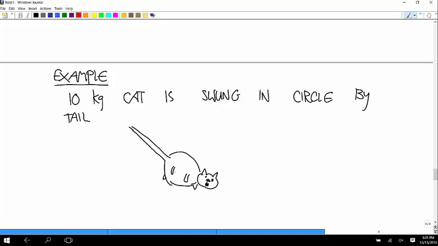Okay, so it's going in a circular path like this. Here's the center of the circle. So let's say the angle between the tail and the horizontal is 40 degrees.